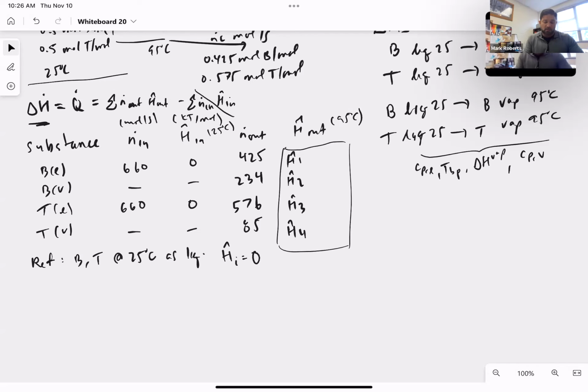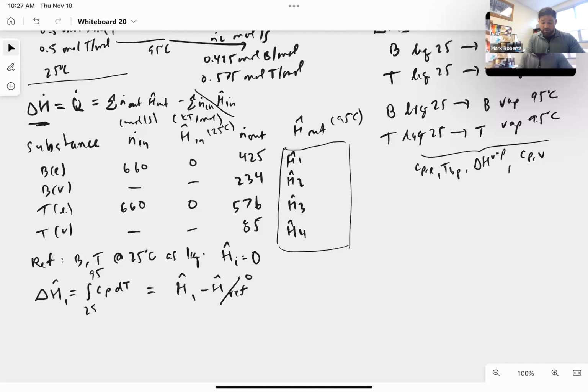Okay, so again, we know how to calculate delta H. Delta H for a change in temperature is going to be the integral of Cp dT from T1 to T2. In this case, for benzene as a liquid, T1 to T2 goes from 25 to 95 degrees C. And this is equal to our delta H, which is H1 minus H reference, which remember we set to 0.